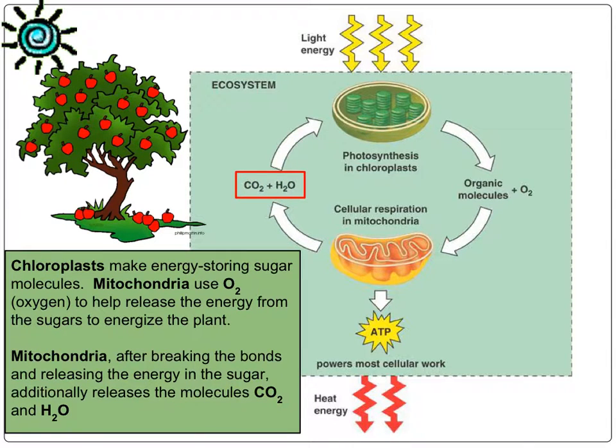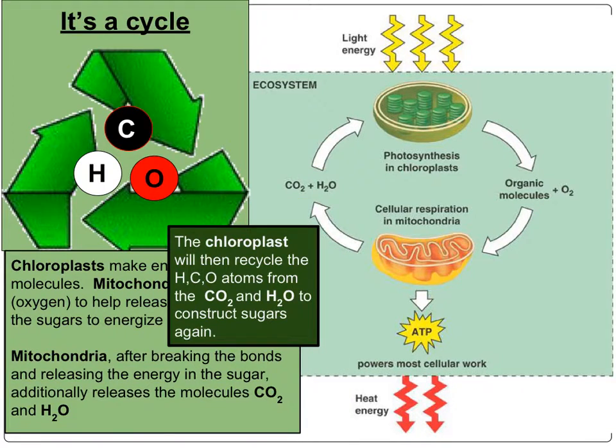So this is a beautifully complementary process. Another way to think about this is that the chloroplasts will be recycling the atoms used in cellular respiration. So hydrogen, carbon, and oxygen, this is being released by the process of cellular respiration.